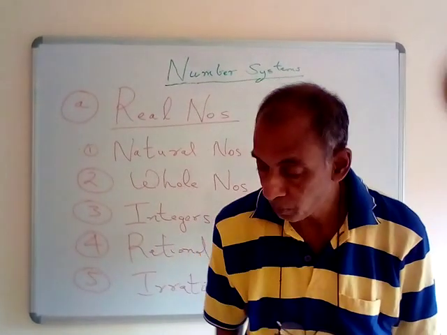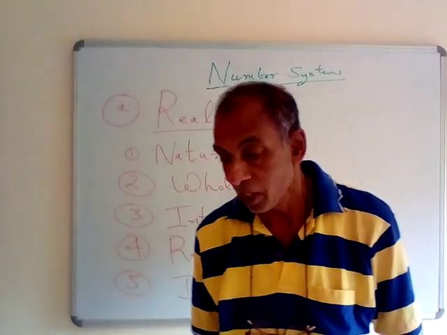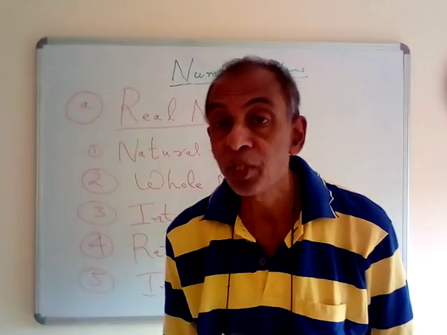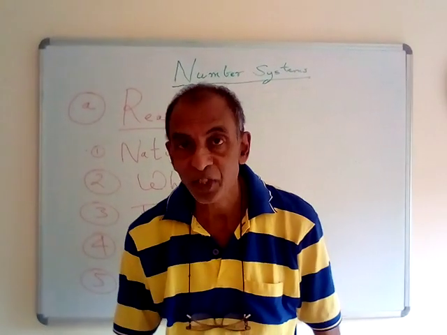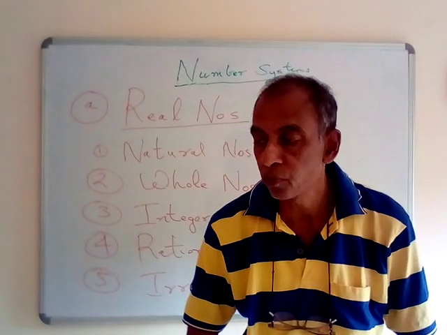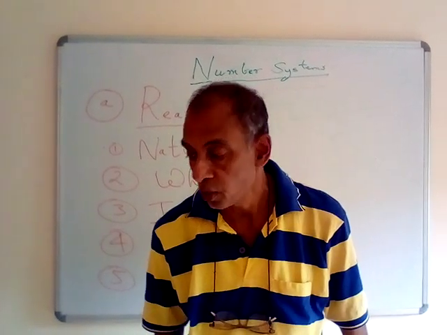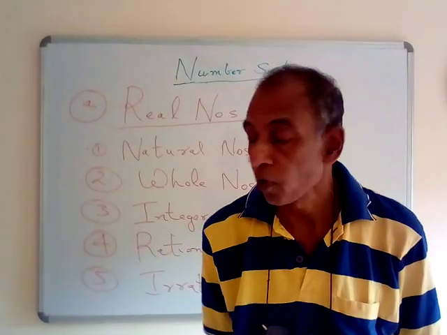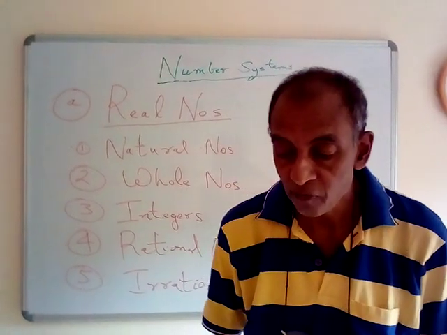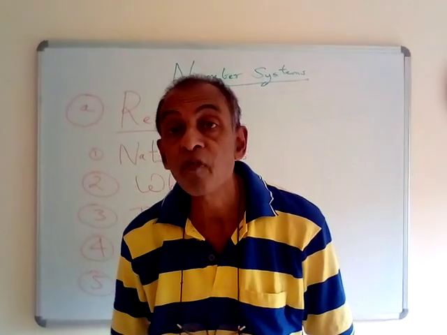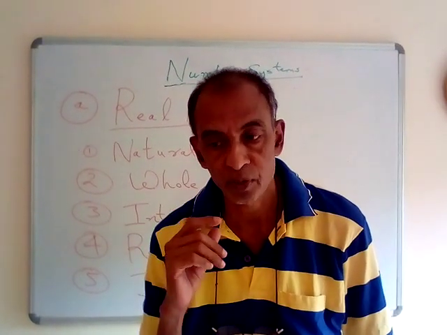Okay, decimal expansion. Then you have operations on real numbers, which includes rationalization of the numbers also. I have done this in some other videos, and I will be doing more videos for each of these subtopics. Then finally you have laws of exponents for natural numbers.